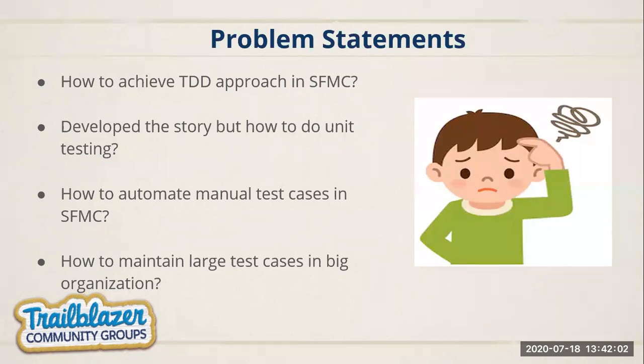In another scenario, John is working in a large organization where he has to run 1,000 test cases in every regression release window. Take an example: an organization where releases happen every month and you have to perform all 1,000 test cases manually.